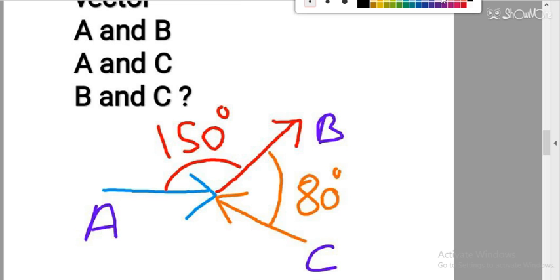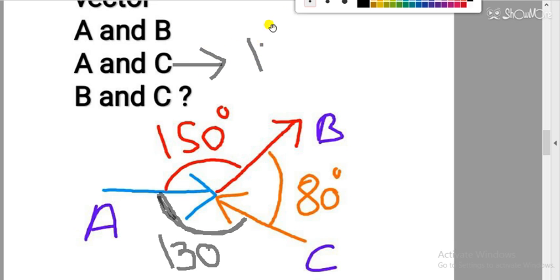That means this angle is 130. The head of A is meeting the head of C, so 130 will be the answer for the angle between A and C. So 130 degrees will be the answer for this question. I hope it is clear.